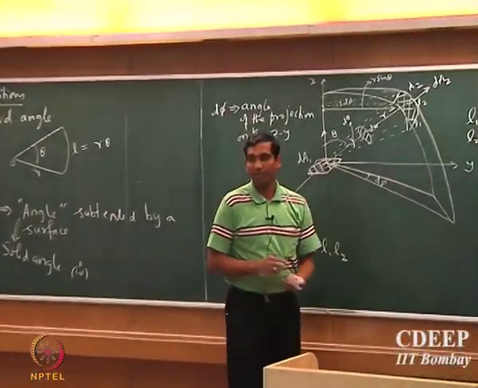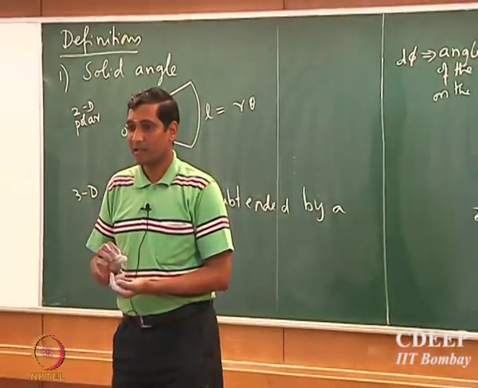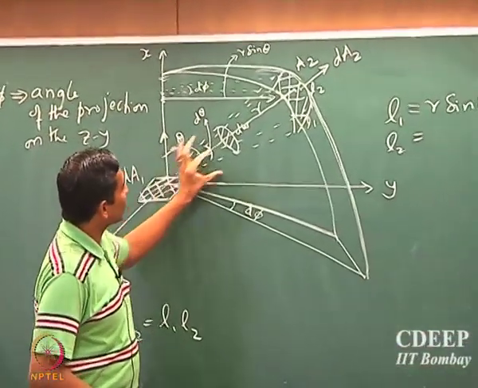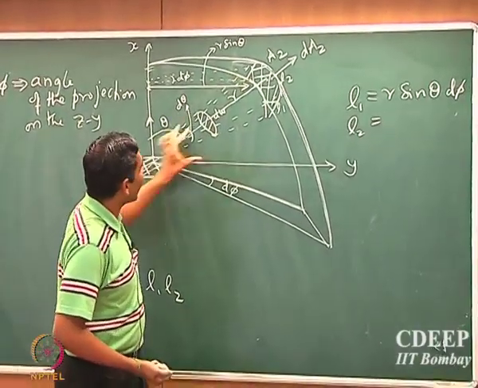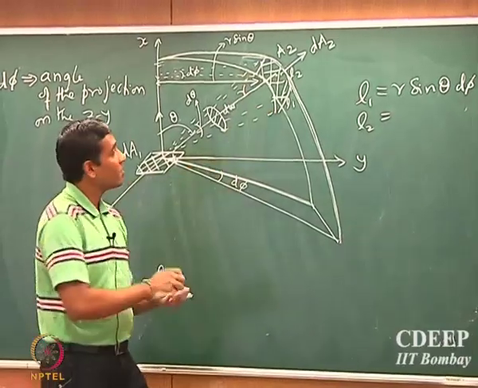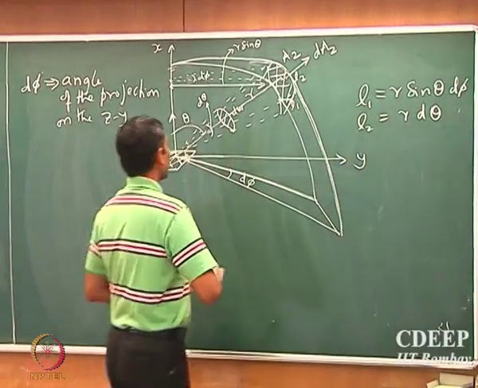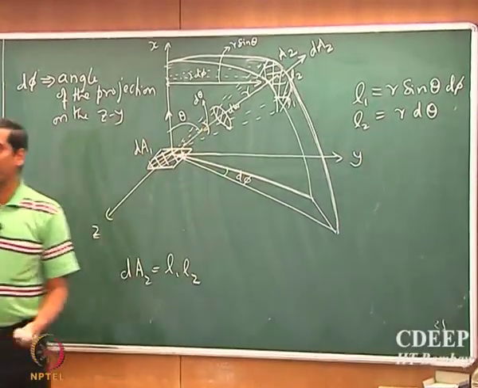What is L2? R. So note that this angle is d theta, and so the projection is this cone here. So you see this triangle, that's the projection, right? So L2 is nothing but r d theta. So this is the radius, and the angle between them is d theta.